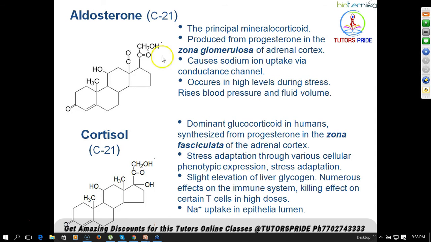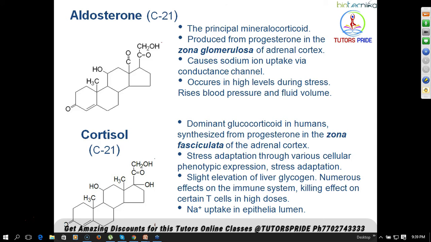Another one, aldosterone. What is that? It is the principal mineralocorticoid, and it is mainly produced from progesterone in zona glomerulosa, and fasciculata reticularis. So in glomerulosa only this one is produced from the progesterone, and this aldosterone, as I told, is a mineralocorticoid, sorry, not glucocorticoid.